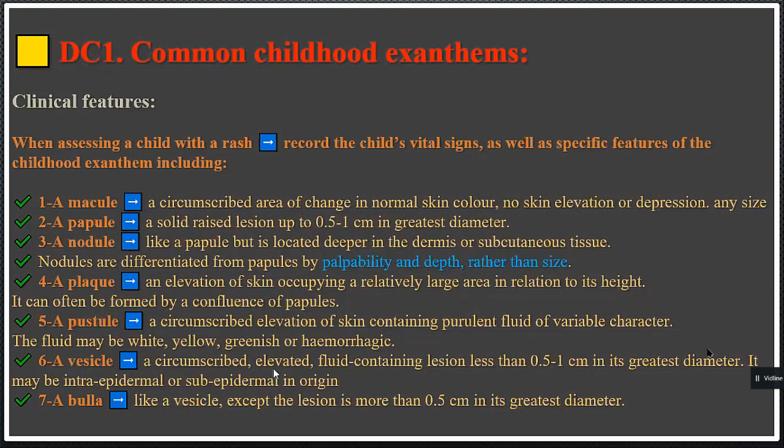Vesicle here is an elevated fluid-containing lesion less than 0.5 to 1 centimeter in its greatest diameter. Bulla is the same as vesicle, except the lesion is more than 0.5 centimeter in its greatest diameter. So from the name, bulla.